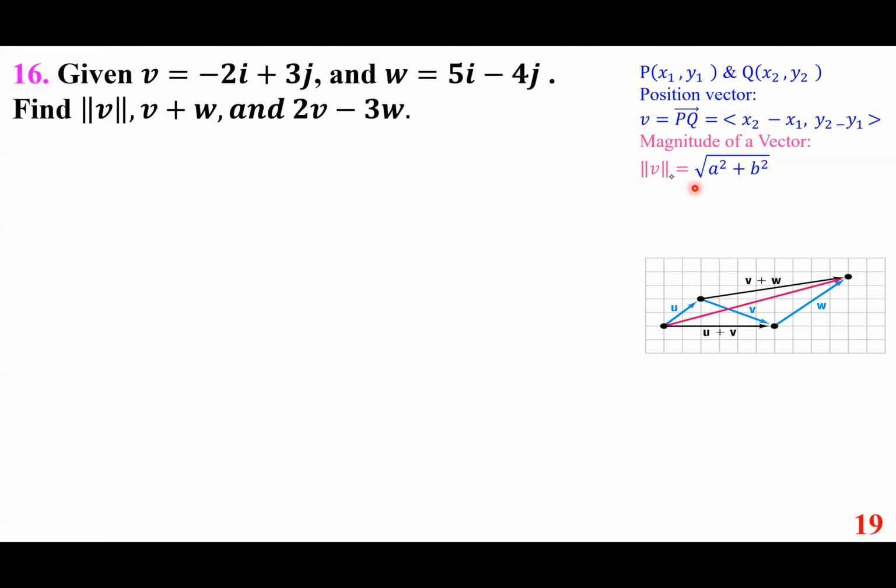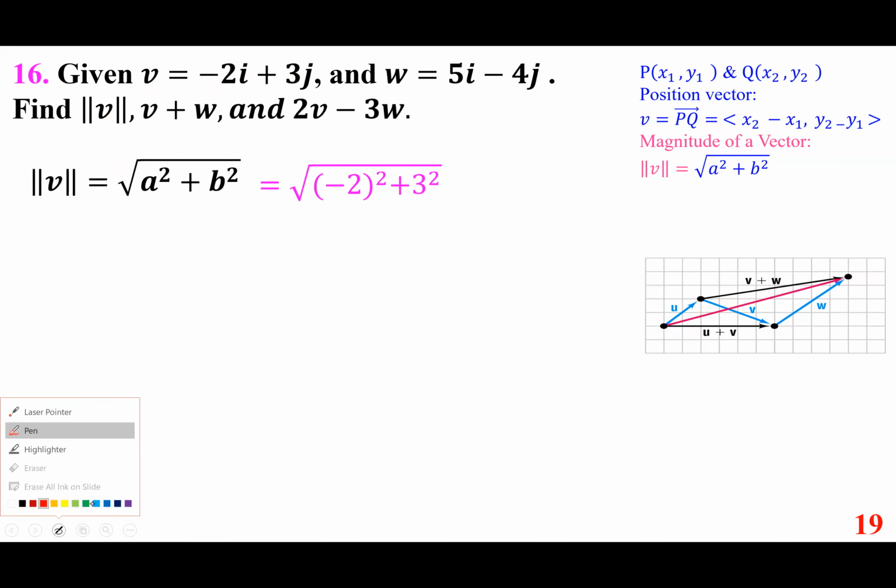So for this one, obviously, we use this formula, and for V, minus 2 quantity squared plus 3 squared. We are looking at the V vector, everybody. So that would be 4 plus 9.